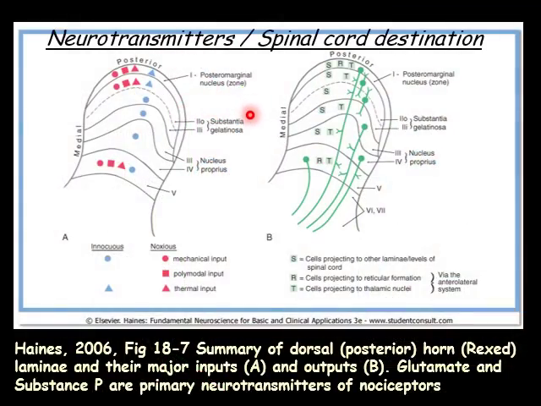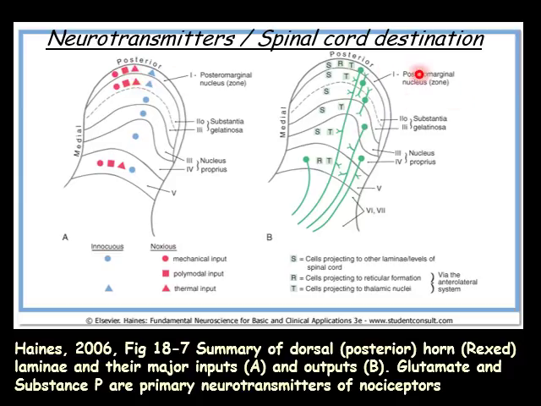When pain fibers come into the central nervous system, they first synapse in the dorsal horn, and they're shown here in these red blobs, some of the locations that they synapse in. Large numbers of them synapse in the most exterior portion of the dorsal horn. These are various Rexed laminae that are identified here, 1 through 5, and there are others all the way through 10. But most of them synapse in the most superficial portions of the dorsal horn, the posterior marginal nucleus and substantia gelatinosa.